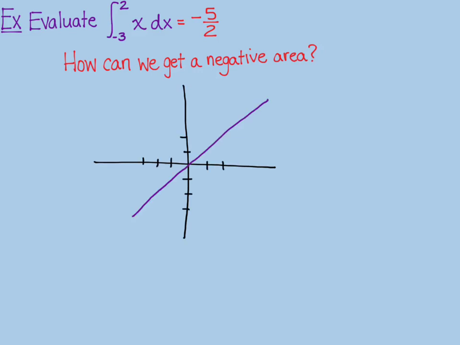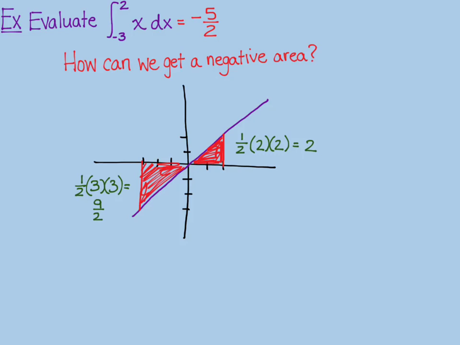If we look at the graph of this function, f of x equals x, then we see that the area between the function and the x-axis from negative 3 to 2 is this red shaded region. And I can find the area of each of these triangles separately. So the right-hand triangle is 1/2 times the base times the height, which is 2.